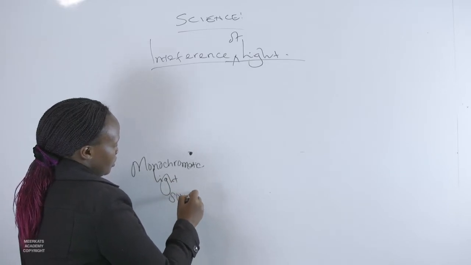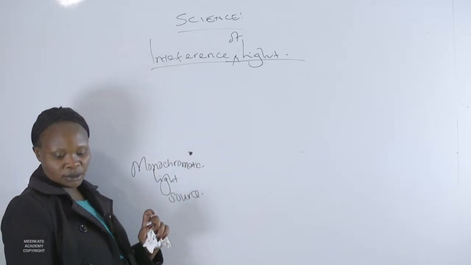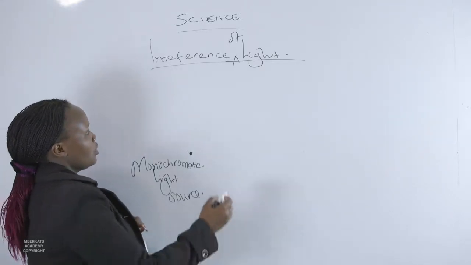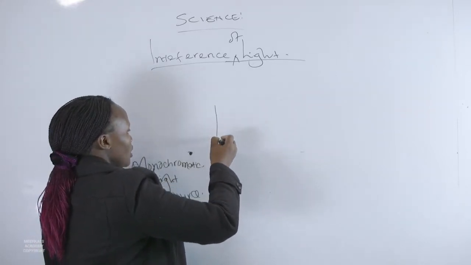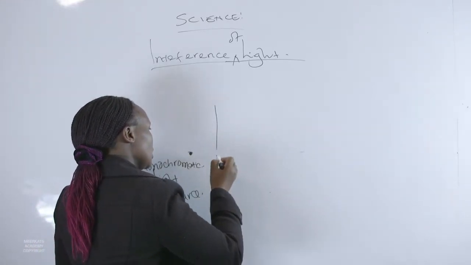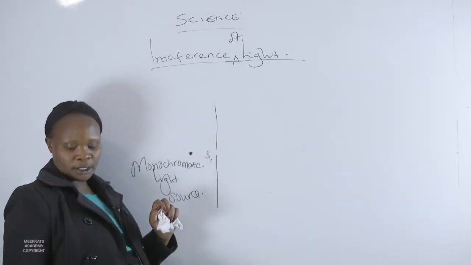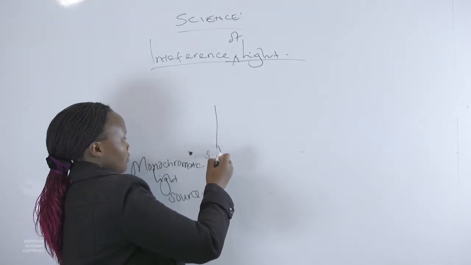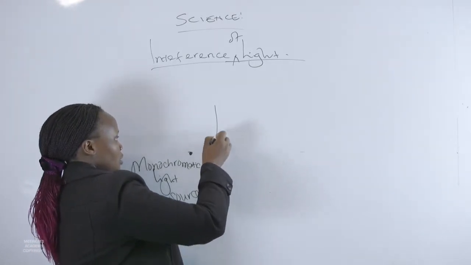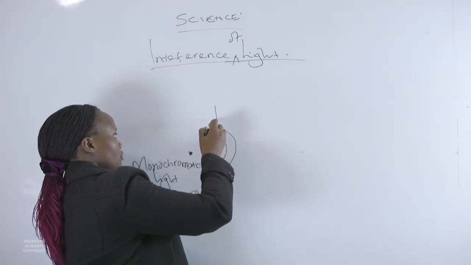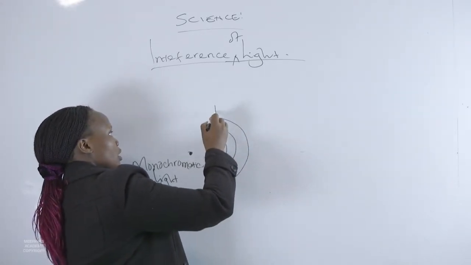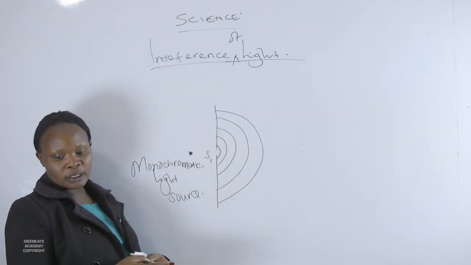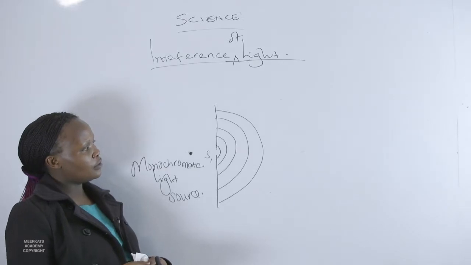Now, here we are going to incorporate different processes where we are going to pass the monochromatic light through a slit we are going to call S1. This slit diffracts light wavefronts, so that now we can have some circular wavefronts.